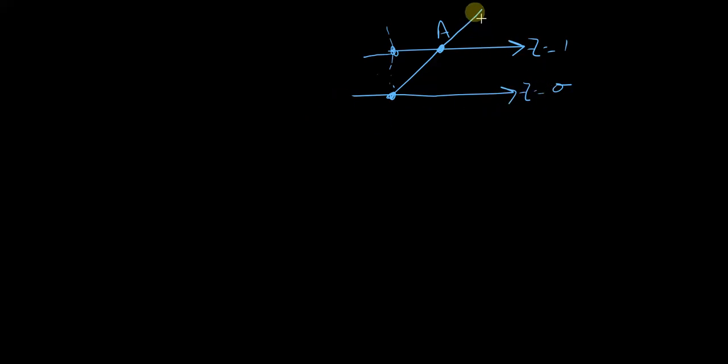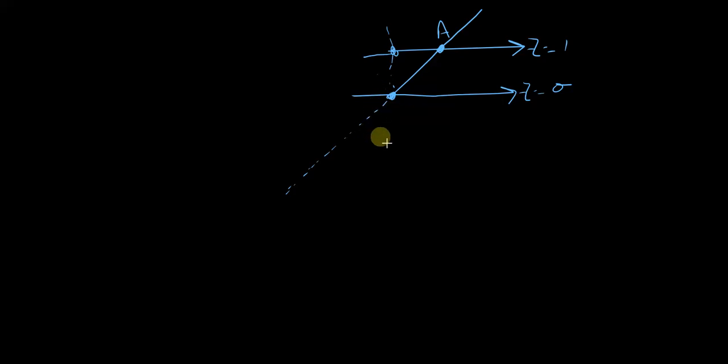Firstly, this line is a half line, and I want a complete line. I want to turn this half line into a line, so let me extend it. Now this line is not a half line anymore. It's a line, and it intersects with z equal minus 1.